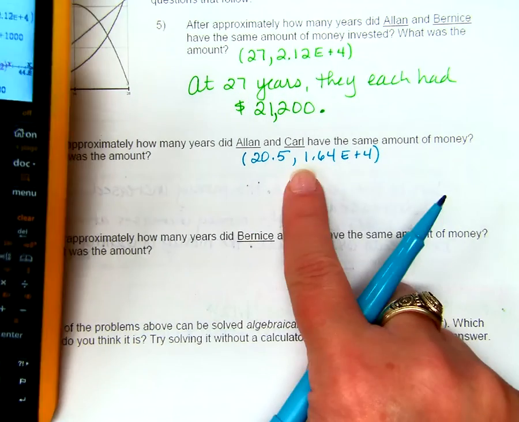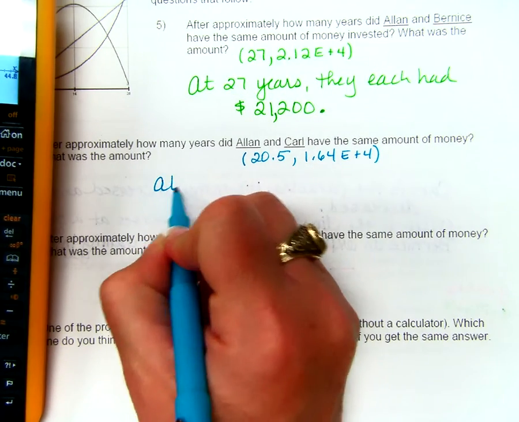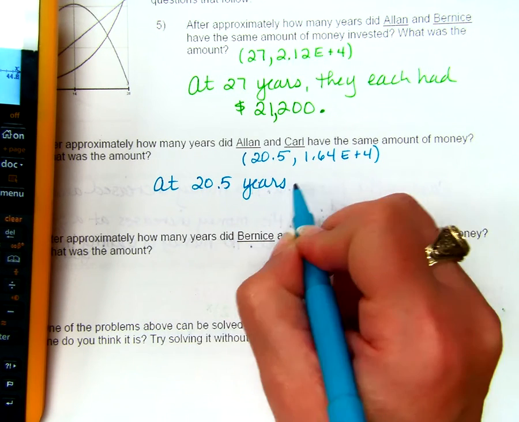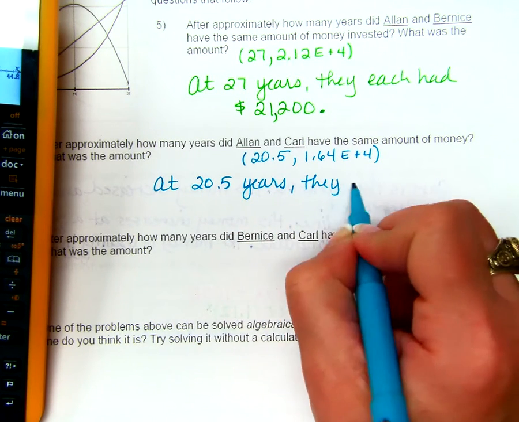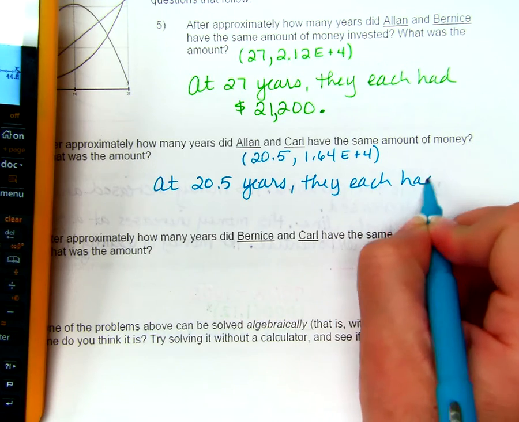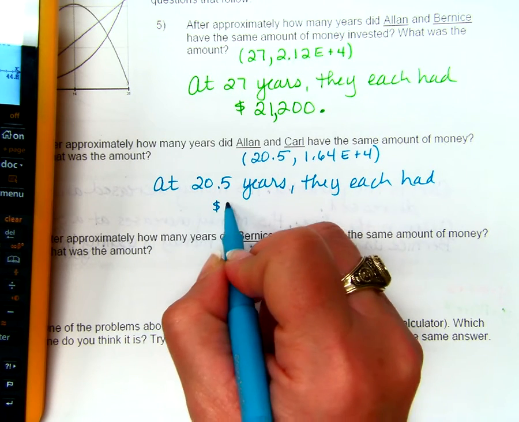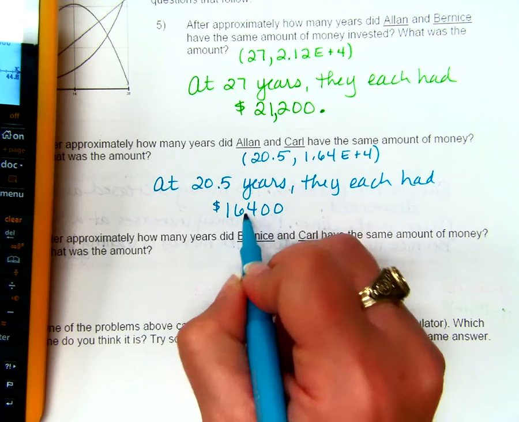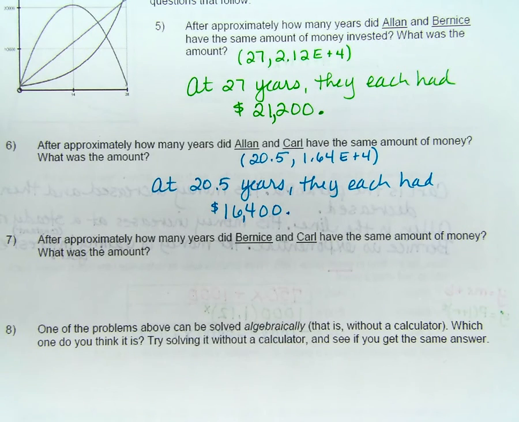Okay? This means at 20.5 years, they each had 164 times 10 to the fourth, 1, 2, 3, 4, so 16,400.